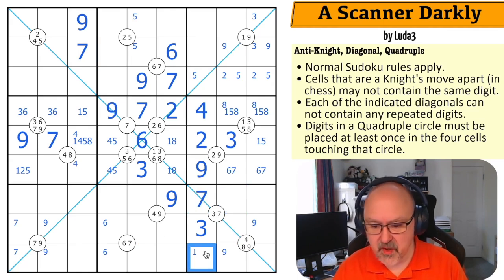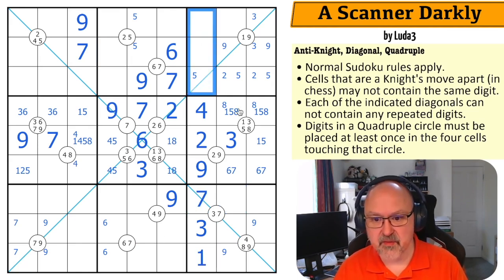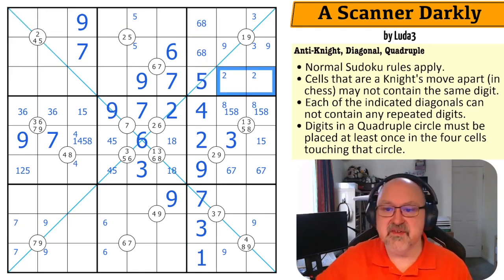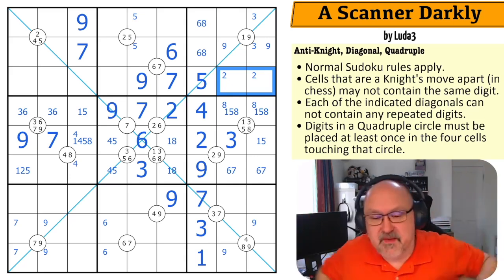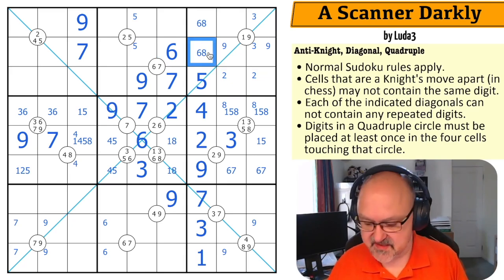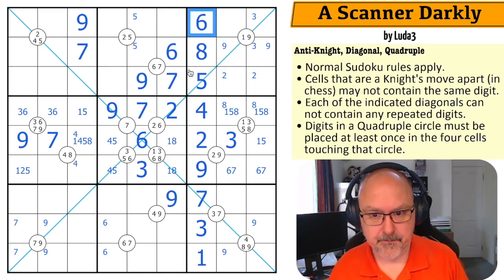That displaced a 1, making this a 1, and this is now a triple, which is 1, 2, 3, 4, 5, 6, and 8. But I can't put 5 in either of those 2 without breaking these quadruples. So this is a 6, 8 pair, this is the 5, and I can take 5 out of those. Needed to start looking at this puzzle the right way. This 6 makes this the 8 and this the 6.